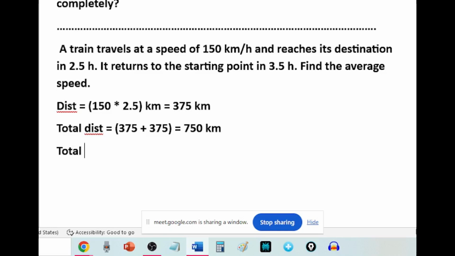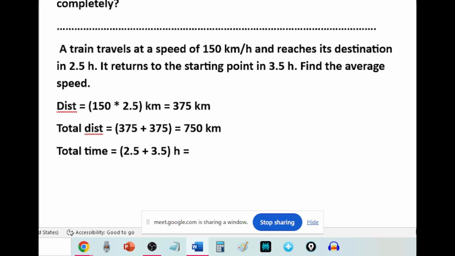What is the total time? 2.5 hours plus 3.5 hours. So how much will it give you? Not 5 point. It will give you 6.0.